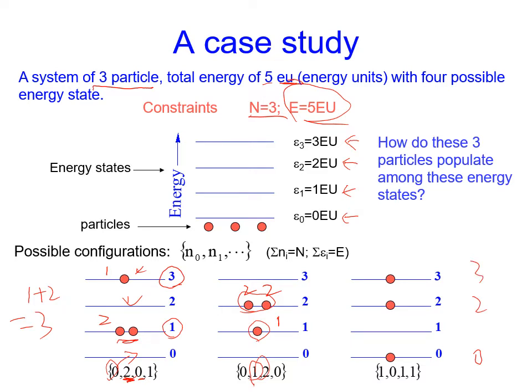So these are 3 possible configurations that meet the requirements that the total number of particles is 3, total energy is 5, and the possible energy levels are these 4. And what we want to find is which of these 3 configurations is the most probable configuration.